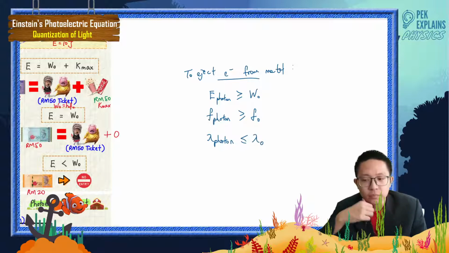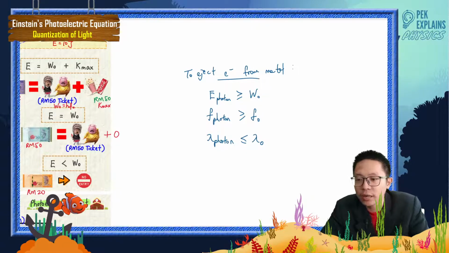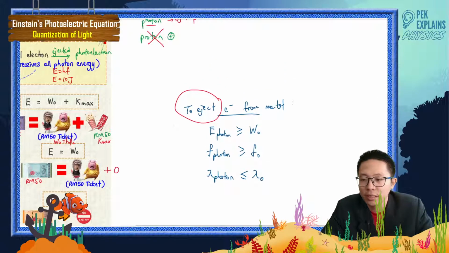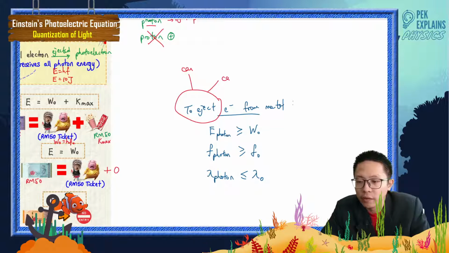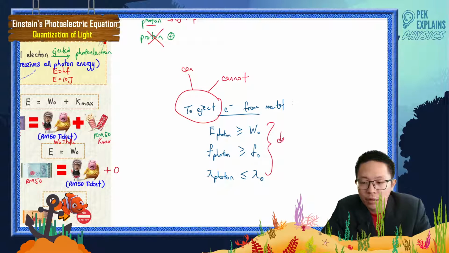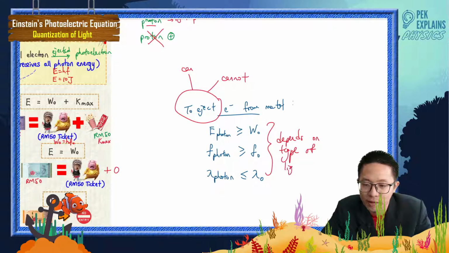So this one talks about types of light. To eject or not eject, can or cannot, depends on what? Depends on type of light.